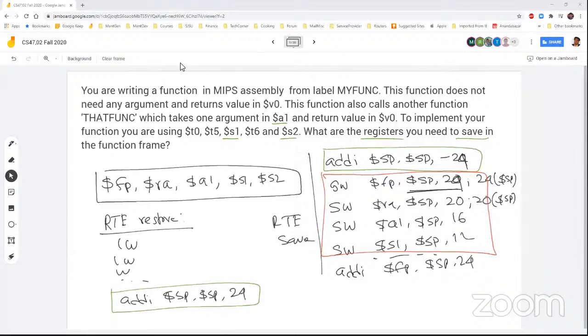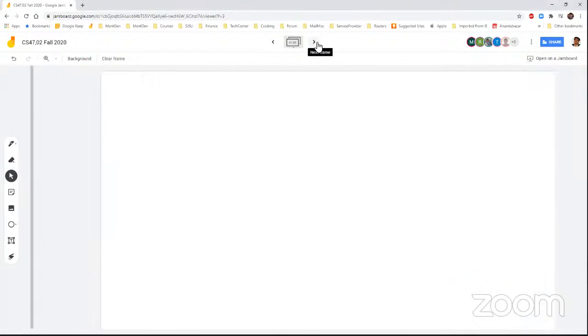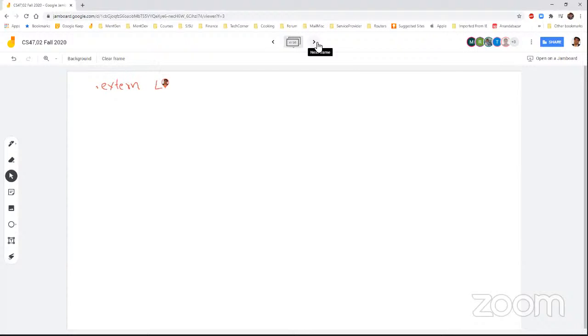Like, say, let's see if I do an extern, some label L1, 200, right? So this is like a size of the storage. It means that the assembler will set aside 200 bytes starting from the address L1.